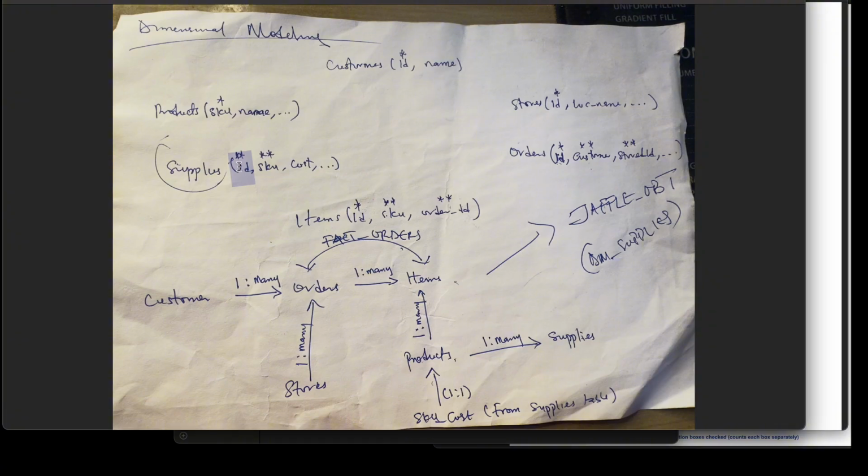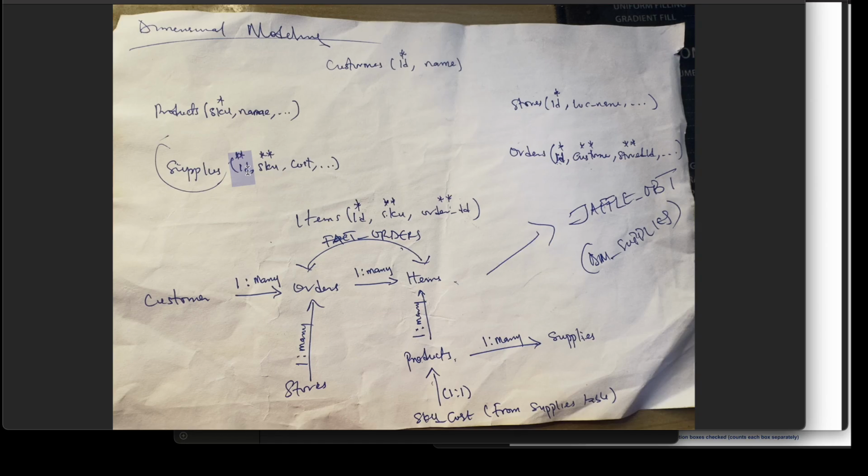For instance, let's say salt is a supply. Salt can be used for preparing different jaffles, or let's say sugar can be used in different jaffles or different products in this case.